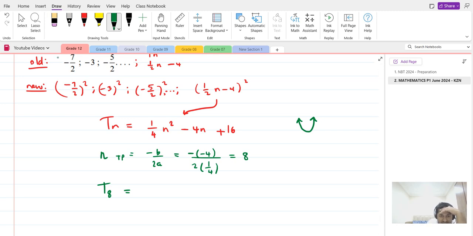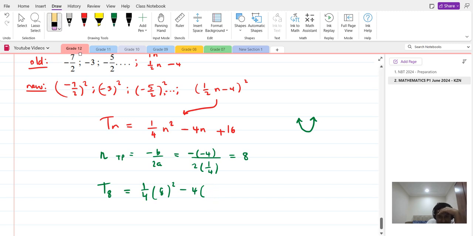So term 8 is equal to a quarter into 8 squared minus 4 times 8 plus 16. We can even find the minimum value here.